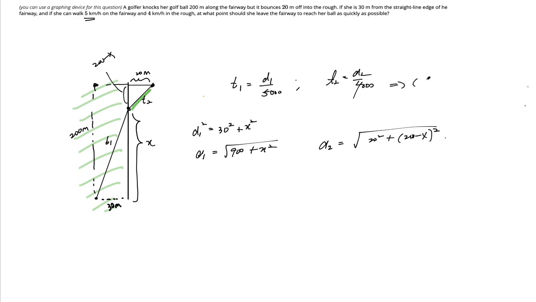So the units are right now meters per hour. All right, so now the overall time as a function of x will be that. Okay, that's 400.